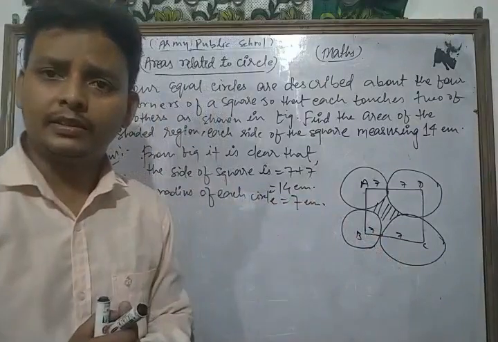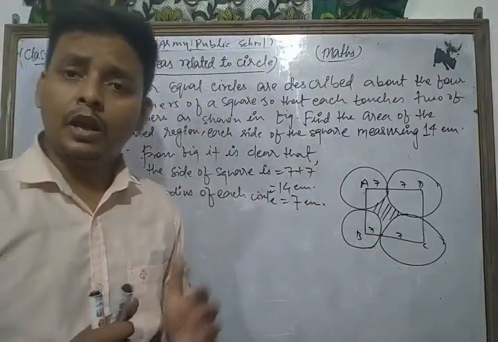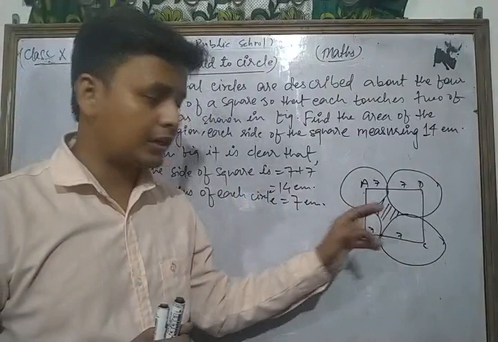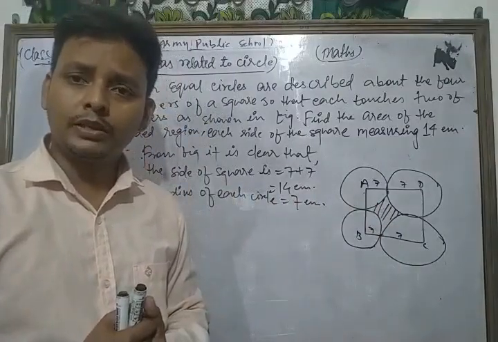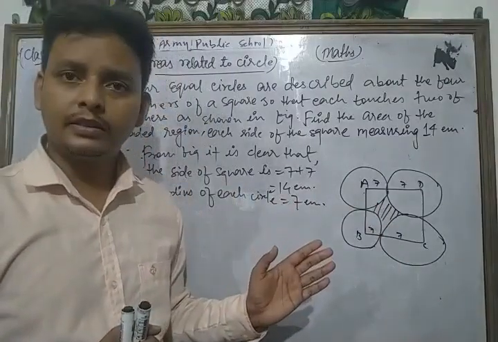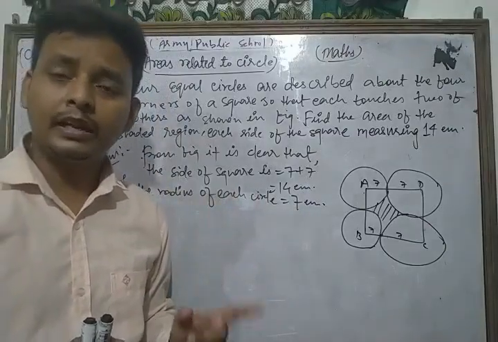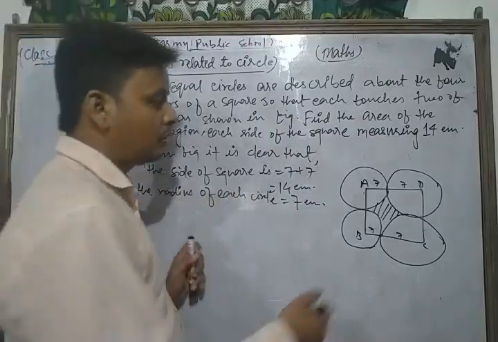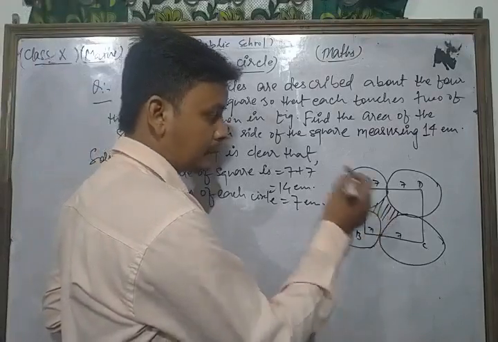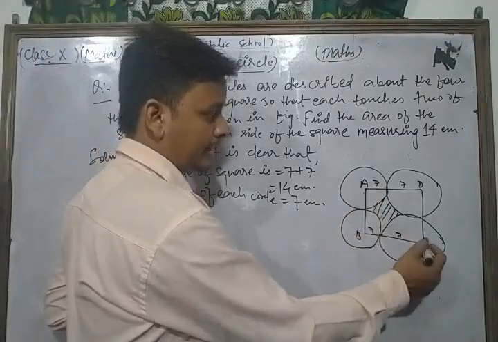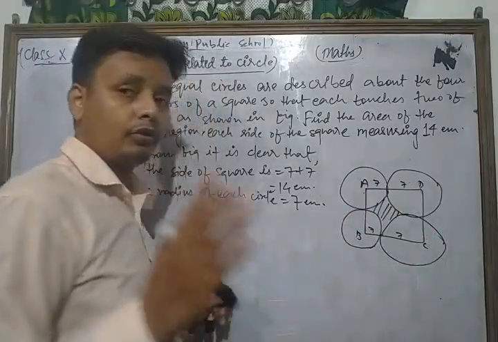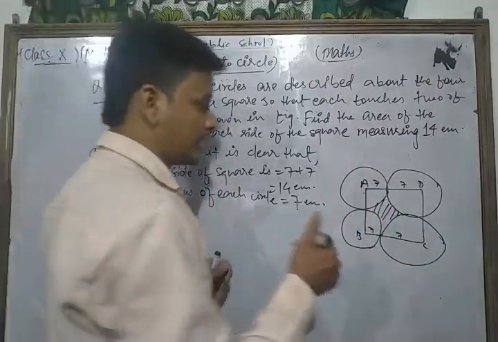Now look what we find in that question, dear students. We find the area of shaded region. So dear students, from figure it is clear that the area of shaded region is obtained by subtracting from the area of square ABCD the area of four quadrants. Four quadrants means what?